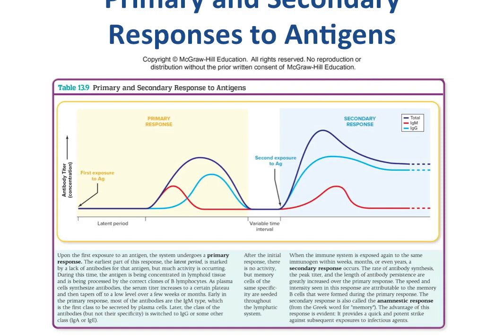Then BCS will secrete IgM first, and then the IgM level decreases and BCS starts to secrete IgG. BCS can secrete IgG for a relatively longer time. Once the infection is gone, BCS will stop the secretion.